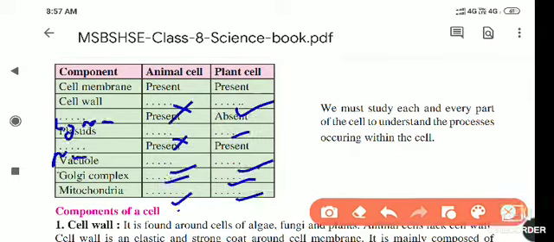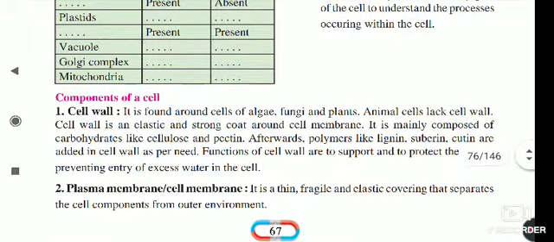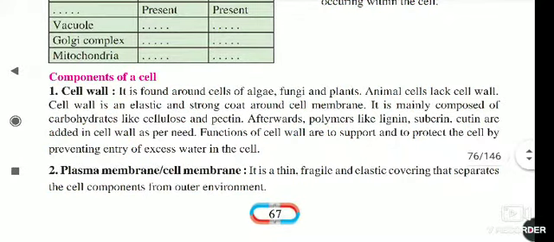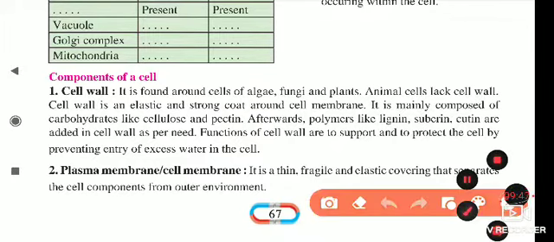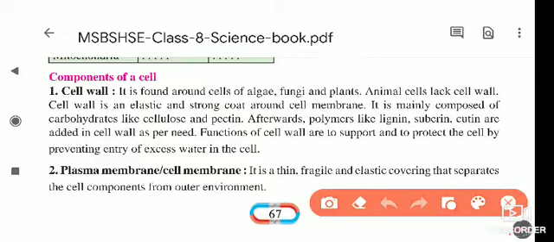Okay. Now the next part is the components of the cell. So which are the components of the cell? First of all we will study the first component of the cell, that is the cell wall. As we all know, cell wall is present only in the plant cell.